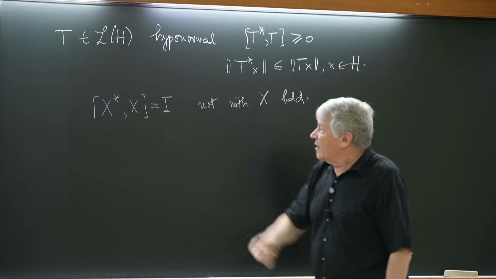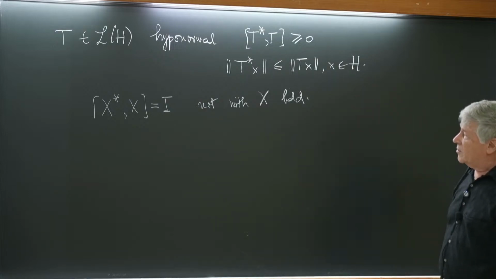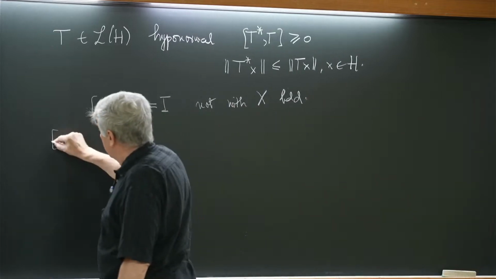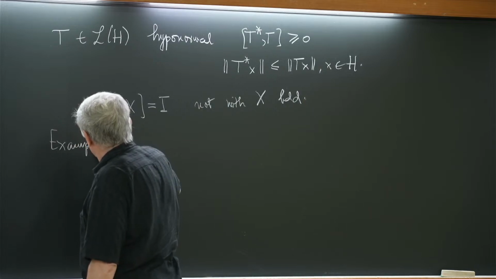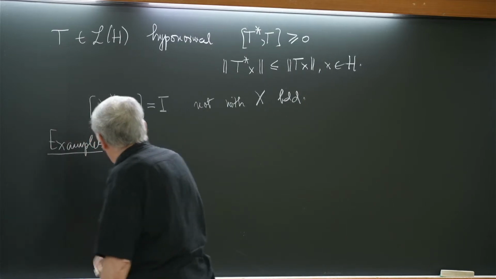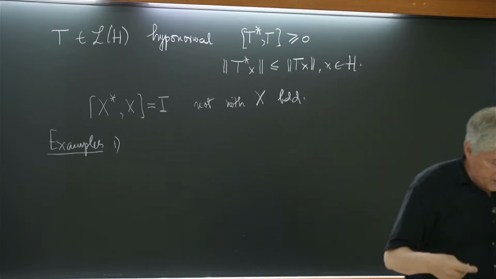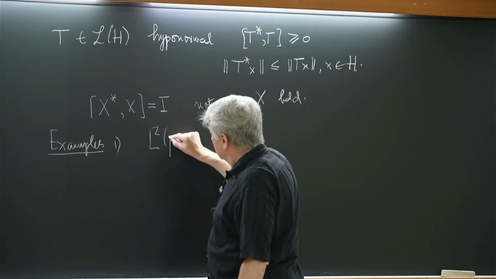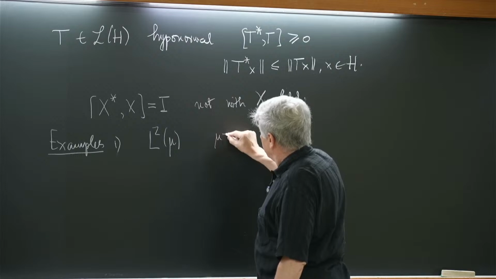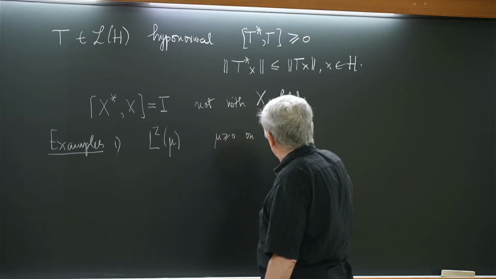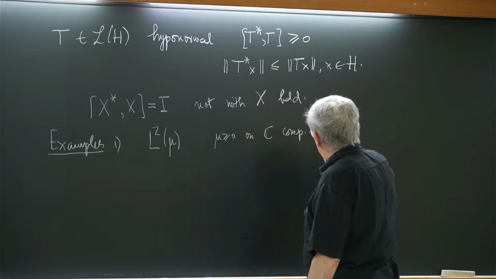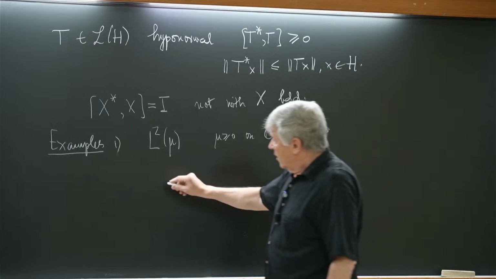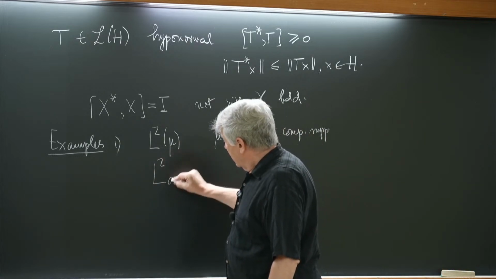And there we have a rather big class of operators. Now, what are the special examples? Already we encountered one, I think in my first lecture. Take L2 of a positive measure, let's say of compact support, on C, and take there the closure of polynomials.